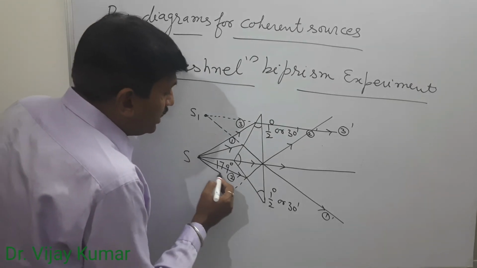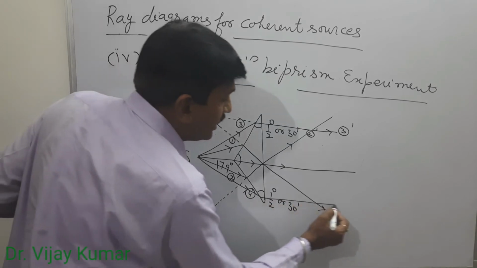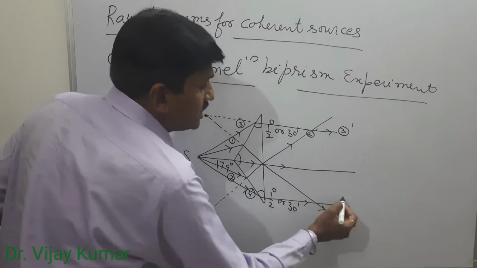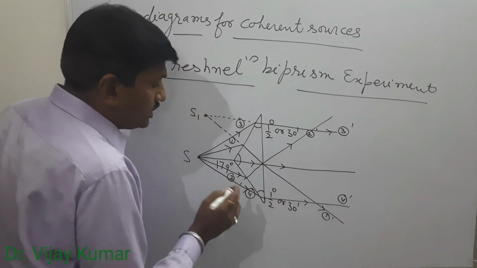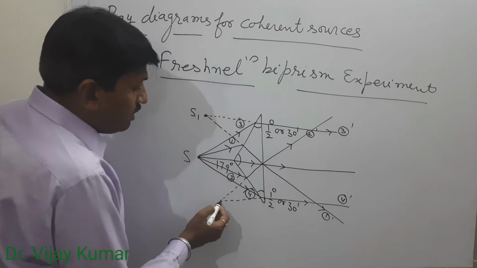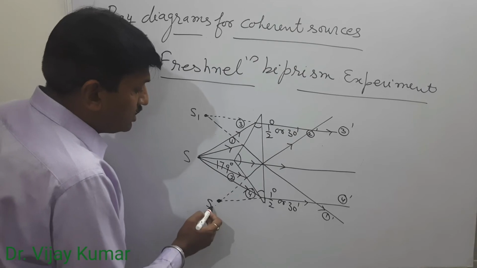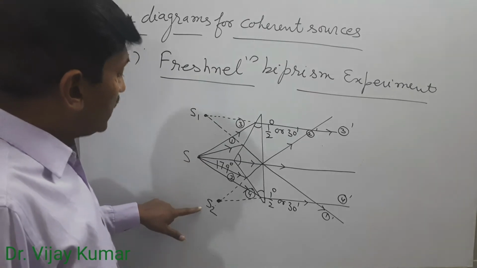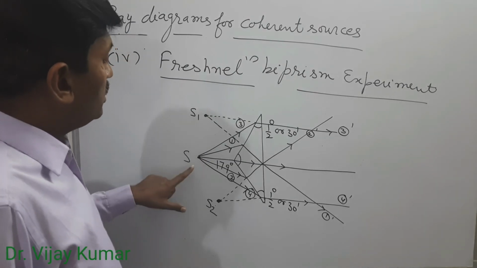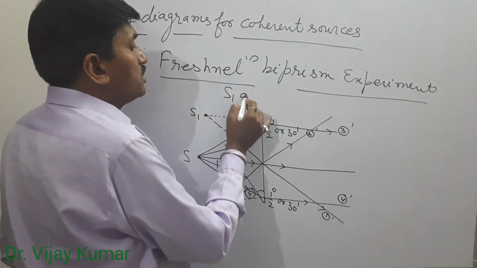Similarly, we can take a fourth incident ray, and it is again refracted in this direction. 4 dash represents the refracted light of this ray, and we can extend it. It should be the second image of this object, and these two, S1 and S2, are virtual images of the source S and behave like coherent sources.